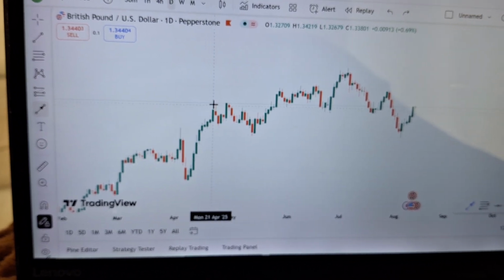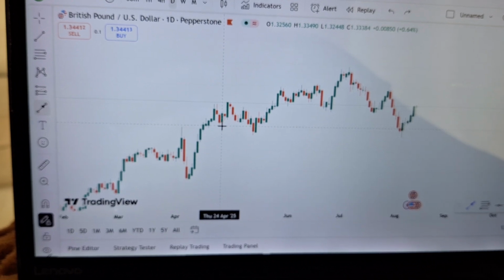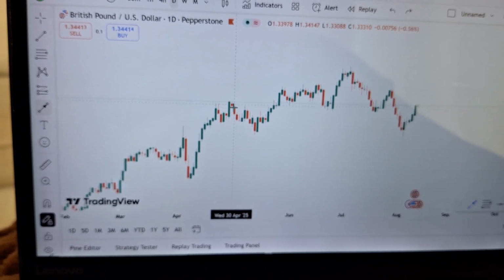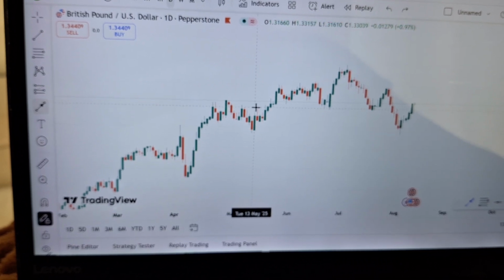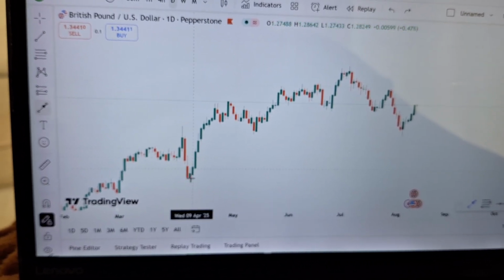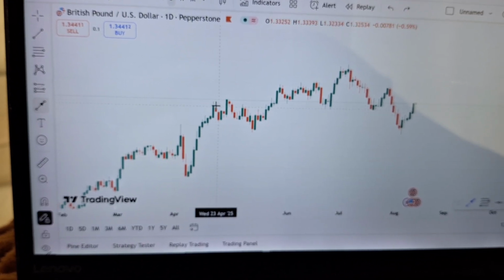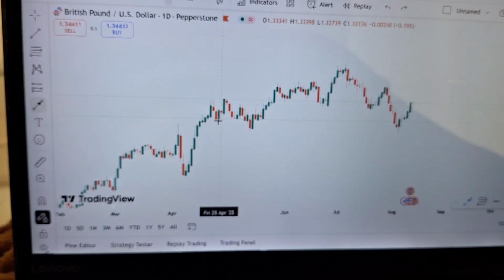So there's a trend that's going up, then there's a trend that goes down for a little bit, then it goes up for a little bit, goes down, goes up, goes down, and so on. So basically we're drawing arrows from the different tip points of the different momentums.